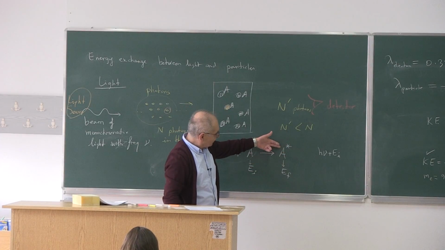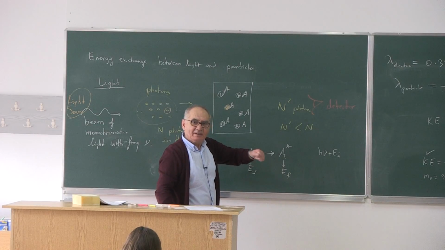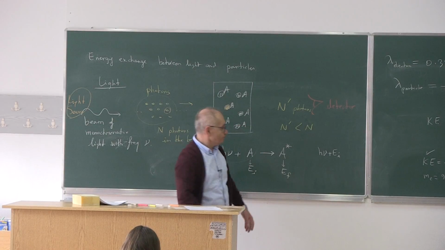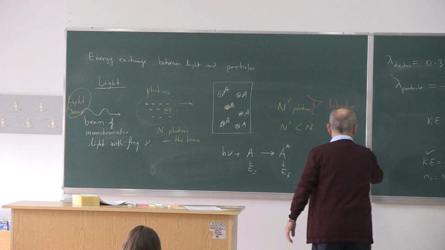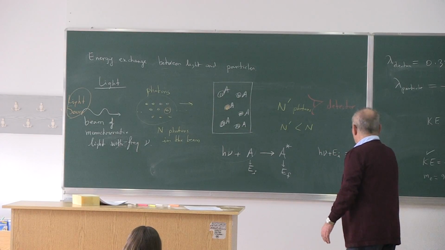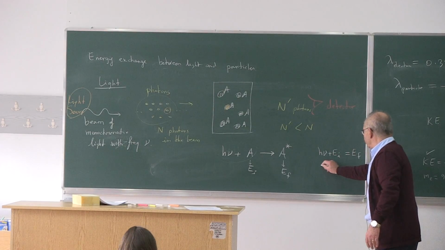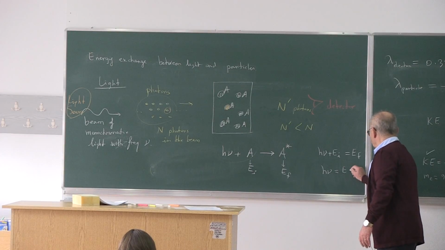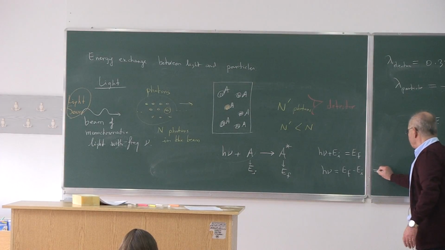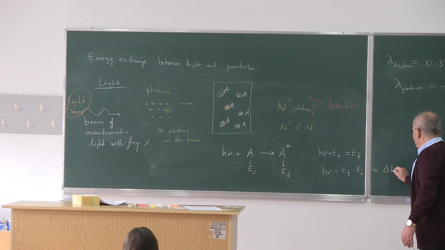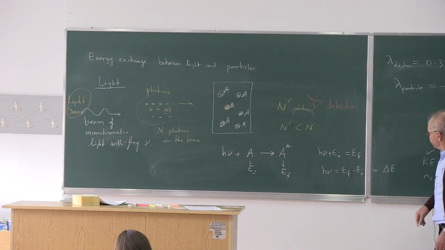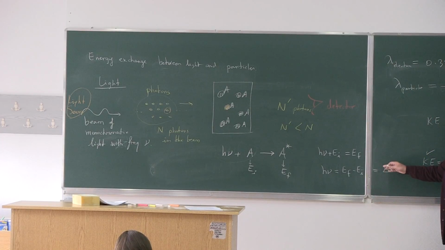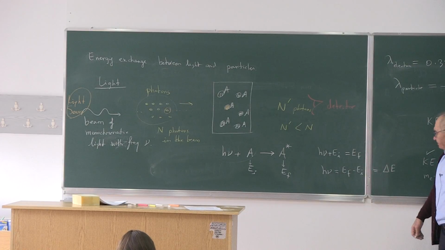But the total final energy is just the final energy of the particle. So we can rearrange this and write it as E final minus E initial, or just delta E, the energy change in the particle.